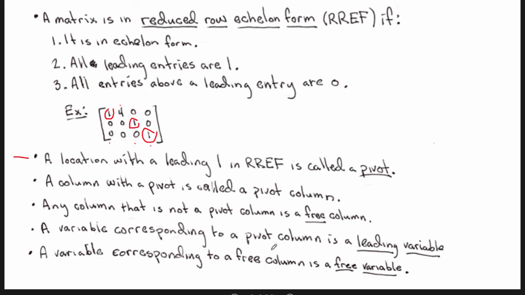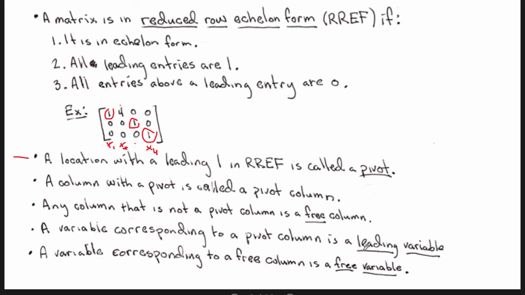A variable corresponding to a pivot column is a leading variable. When I talk about the variables, remember if I'm thinking about creating a matrix out of a system, then this corresponds maybe with x1, x2, and so on, up to x4.